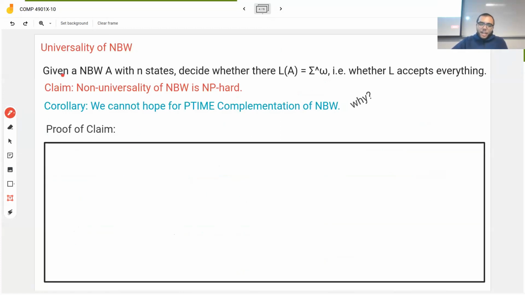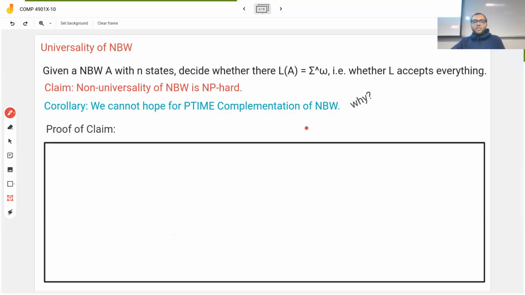Okay, if I can prove this claim, then the corollary that we have is that we cannot really hope for any algorithm that would find the complement of a non-deterministic Büchi automaton in polynomial time. Why is that? Because if I could find the complement in polynomial time, then I could do emptiness checking in linear time on the complement, and that would solve universality and non-universality, both of them, right?